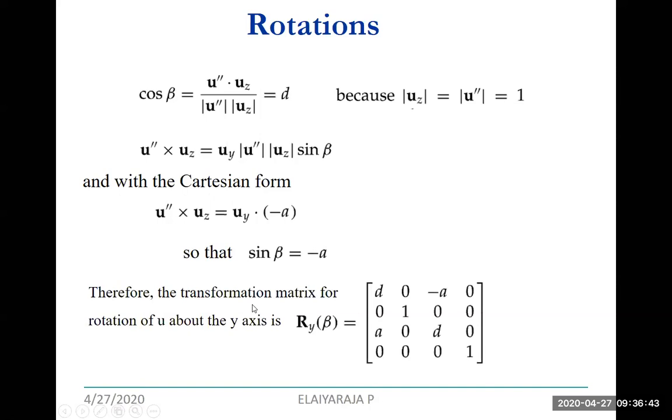So therefore the transformation matrix for rotation of unit vector u about the y axis, you can once again refer back to the rotations around the x axis, y axis and z axis.